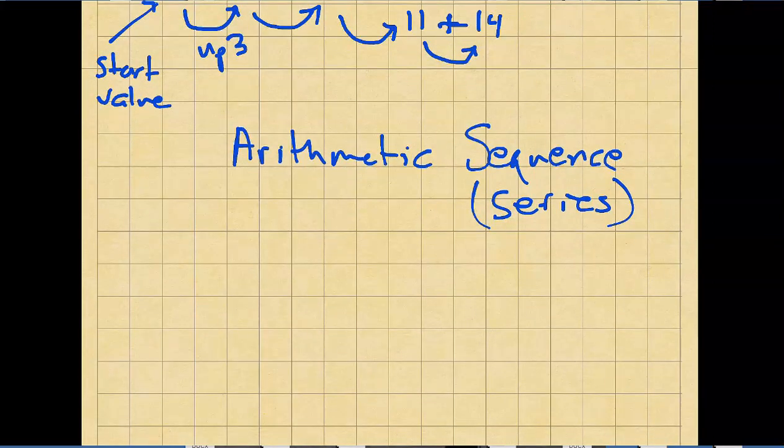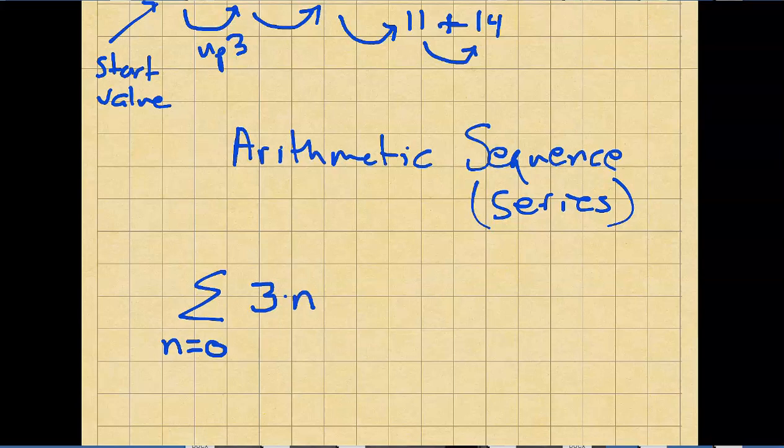And what we have here is we're going to start n at 0. And we're going to do 3, which is how much we go up each time, times n, plus what we originally started with, which is 2.